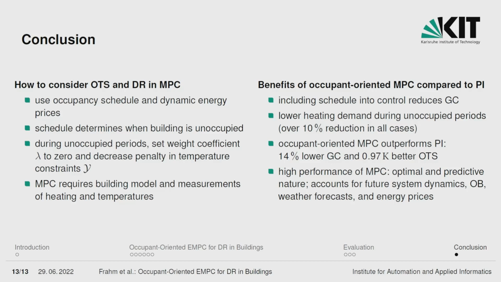And we also see that this model predictive controller outperforms the PI controller with 14% lower grid costs and 0.97 better occupants' thermal satisfaction. The high performance of the model predictive controller results from its optimal predictive nature, as it can account for future system dynamics, occupant behavior, weather forecasts, and energy prices for demand response.